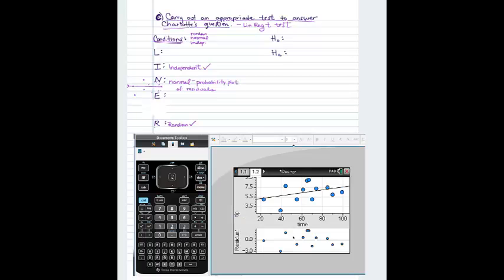So we're trying to assess the data based on this normal section over here by saying, okay, does the probability plot of the residuals have a pattern? We don't want it to. We want it to be no pattern at all.